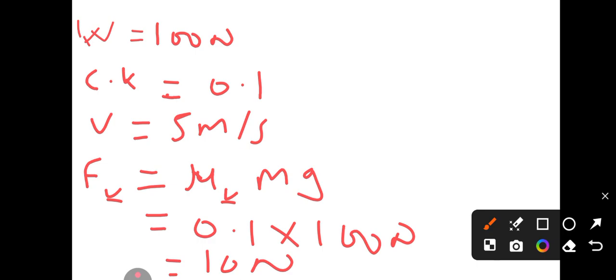You just leave it. Since we're talking about kinetic friction, the friction has to be greater than the applied force. That's what we have found there: friction is greater than the applied force.